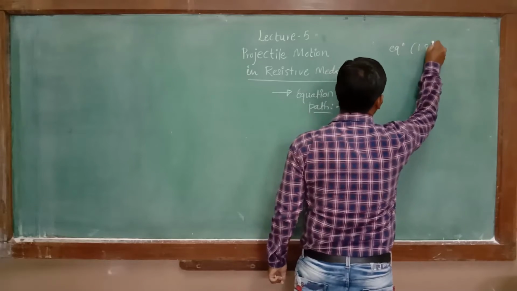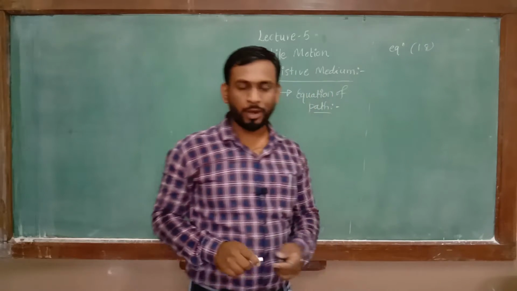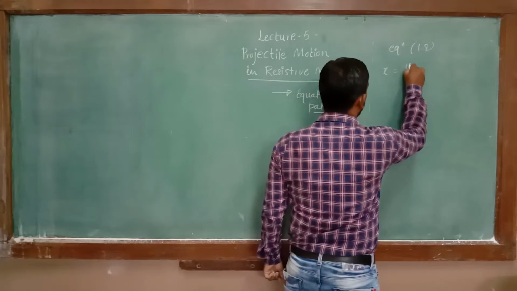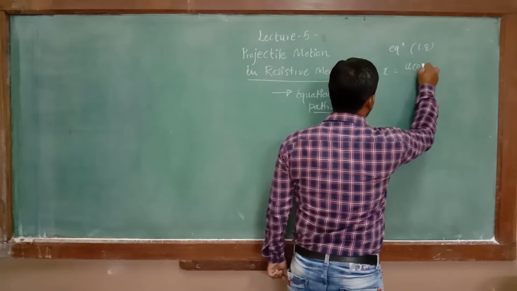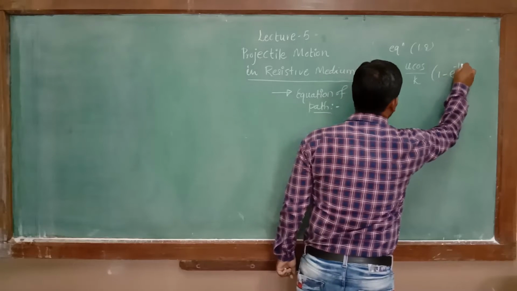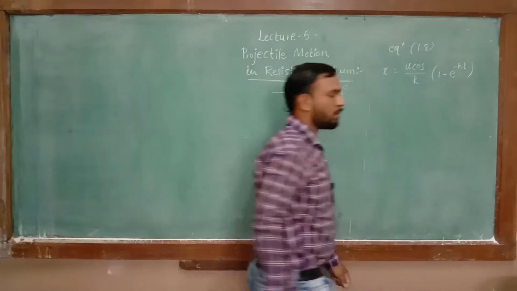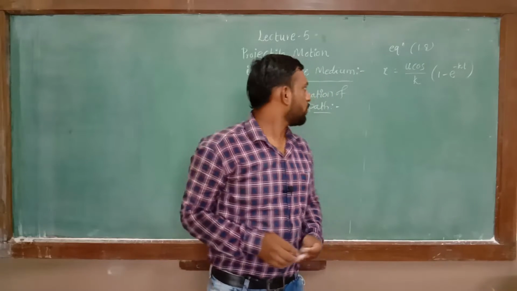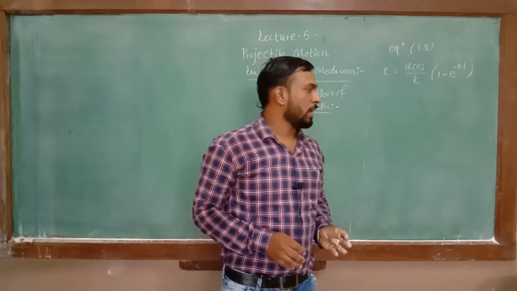1.8. So the equation for x is x = (u cos θ / k)(1 - e^(-kt)). So this is equation number 8. From this equation we try to figure out what information we can get.